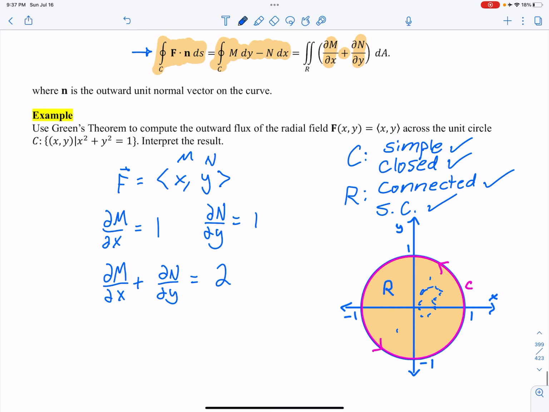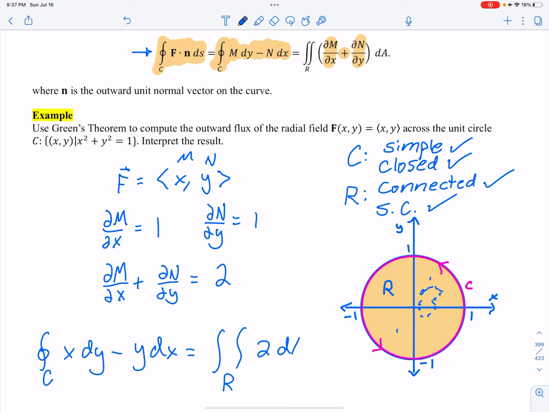So now we can actually take the integral. It's going to be the integral over path C of x dy minus y dx. And this is the same thing as the double integral over R of 2 dA.